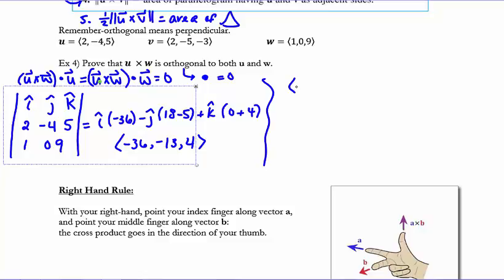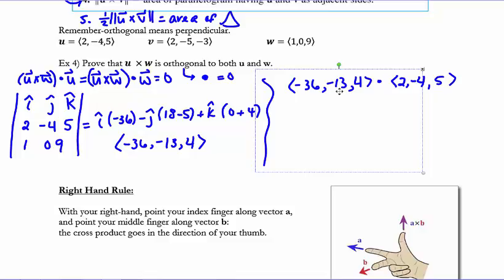So if I take that cross product and dot it with u, 2, negative 4, 5, I'm going to get negative 72, positive 52, and positive 20.